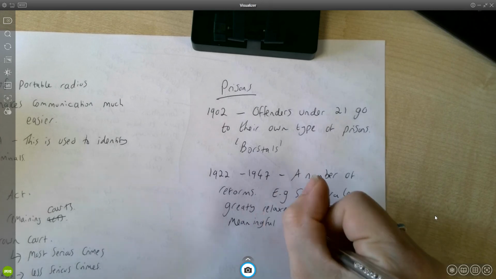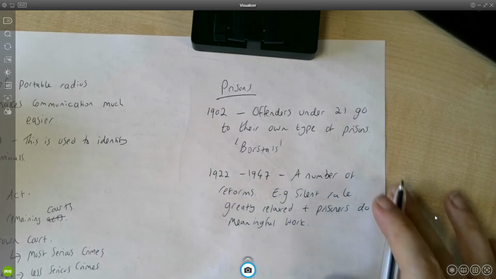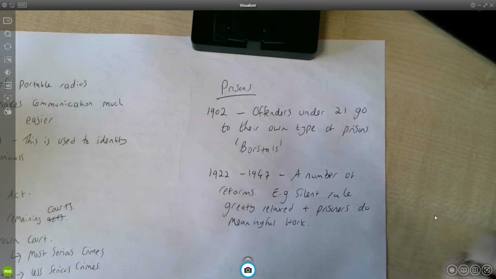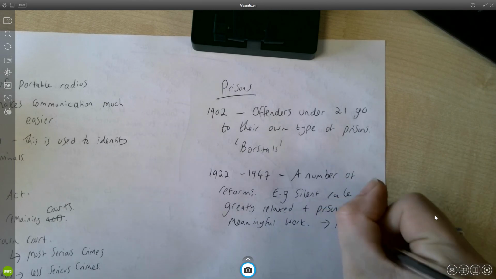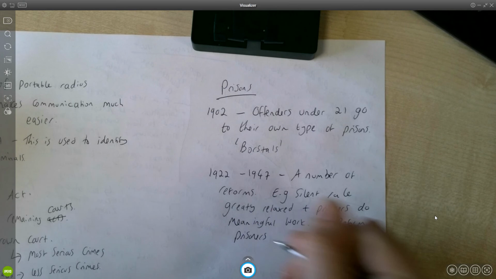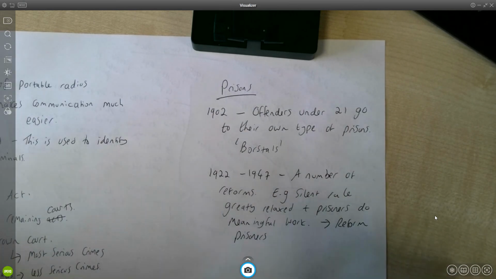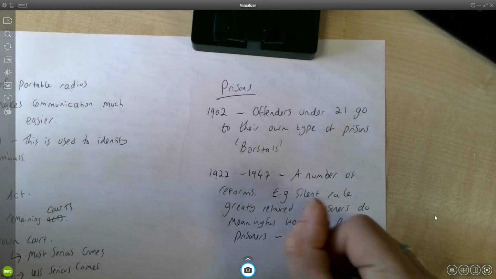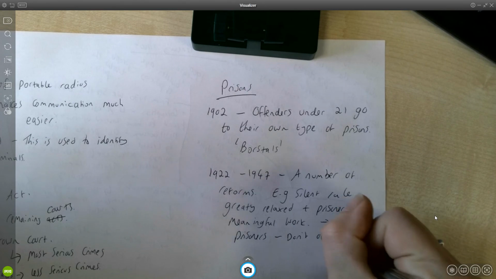Why is all this taking place? Well, the idea is to reform prisoners, maybe give them skills so that when they leave prison, they don't offend again.